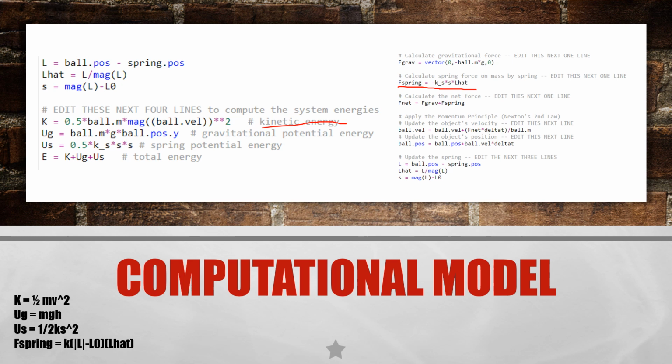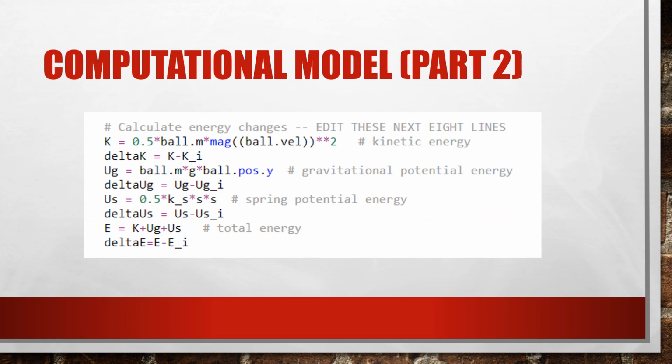This is F gravity, and then you add those two to get the net force. And then here is the velocity update formula, and this is the position update formula. And then here's the other part of the computational code.